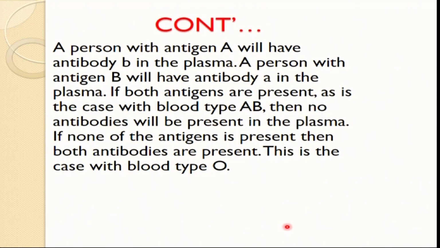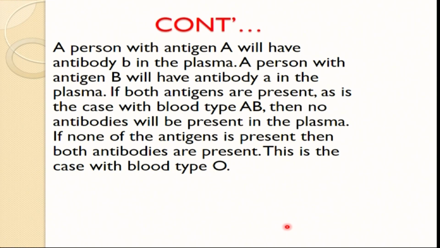So a person with antigen A will have antibody B in the blood plasma. A person with antigen B will have antibody A in the blood plasma. If both antigens are present, as in blood group AB, then there are no antibodies.